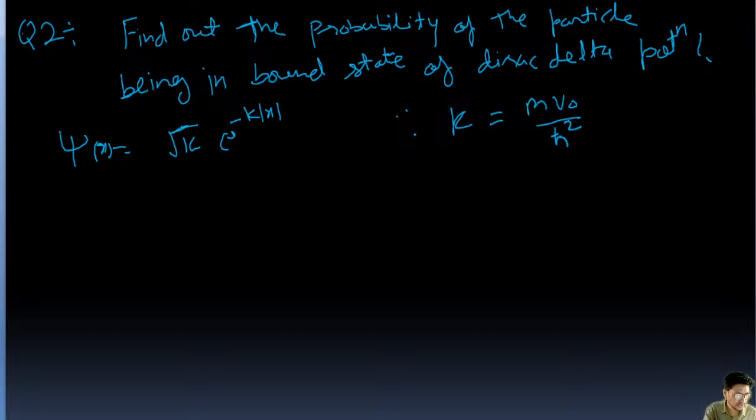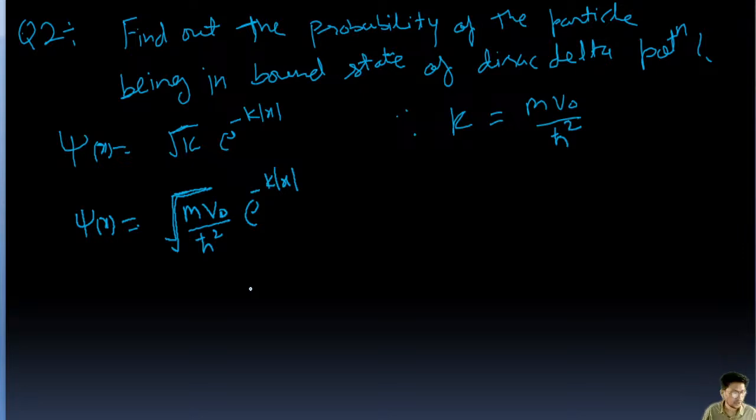Now we have to find the probability of finding the particle in the bound state of the Dirac delta potential. So psi x is going to be root m V naught upon h cut square, e to the power minus k mod x.